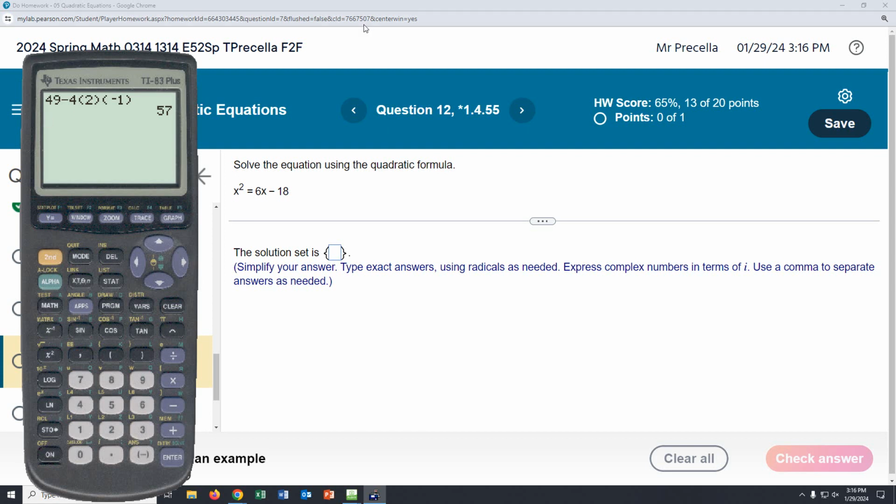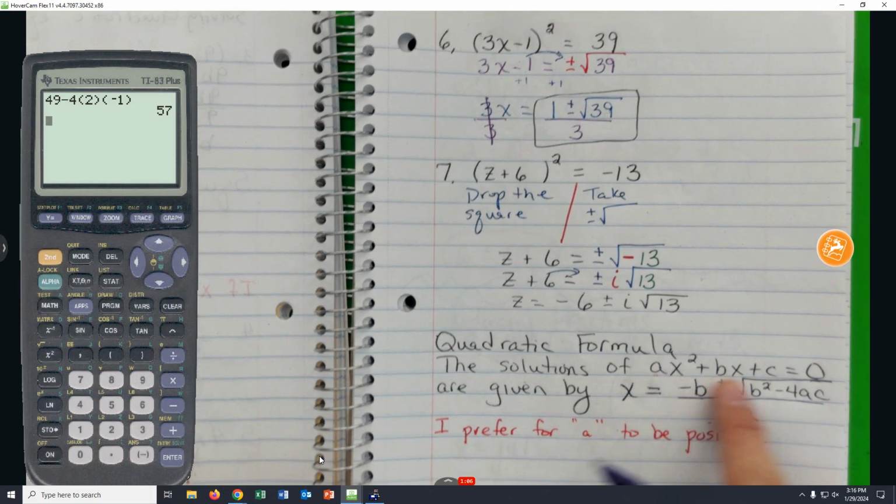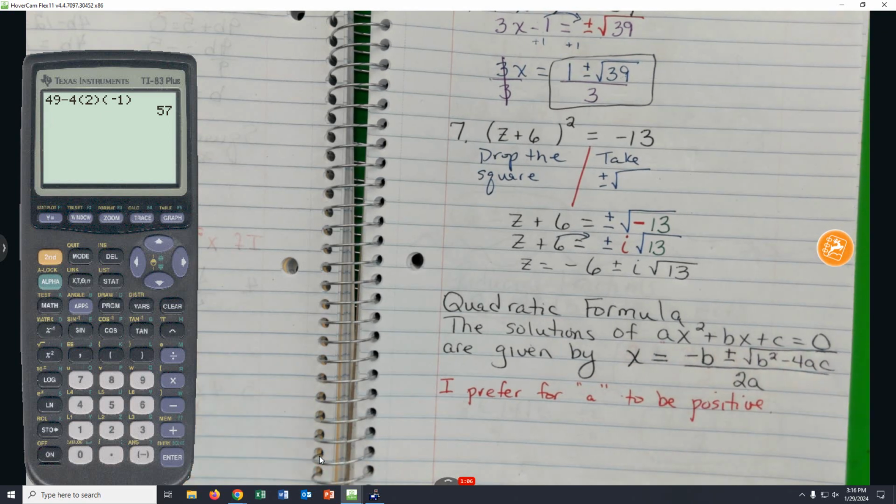Is it in standard form? No. In order to use the quadratic formula, the equation has to be written like this: ax squared plus bx plus c equals 0. Or theoretically, 0 equals ax squared plus bx plus c.